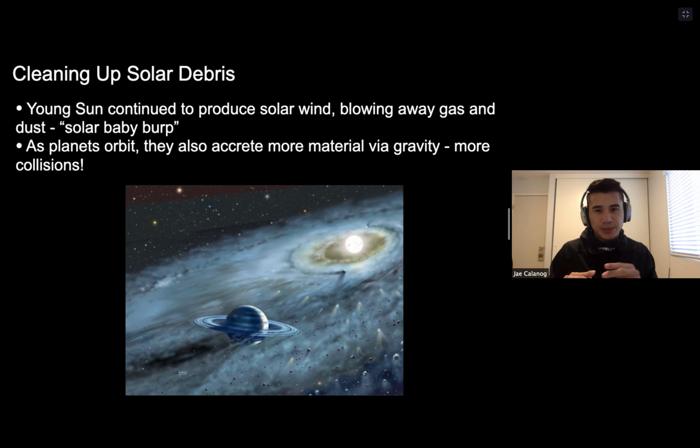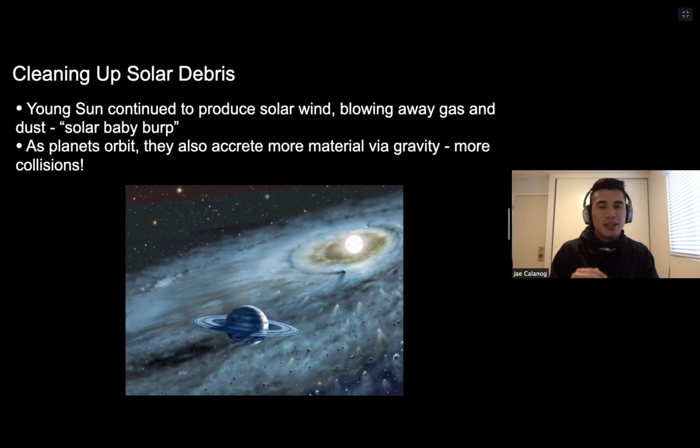Basically, you have the young sun that is able to produce strong solar winds that propagate outward, driving away any kind of lighter materials like gas and dust. This happens when the sun was first forming, and sometimes we like to call it the solar baby burps.